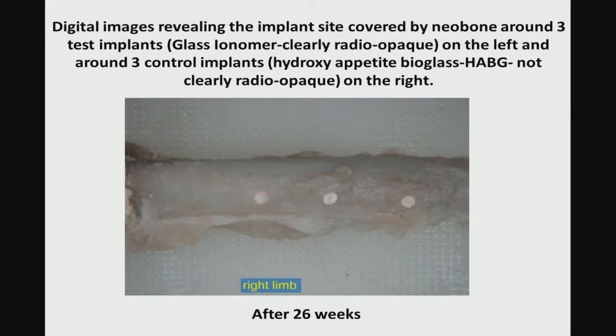This is more clearly seen because one is radio opaque and one is not. You can see these 3 implants very clearly along with the femur, and there is no obvious gap or discontinuity around the implant. This is the right limb.